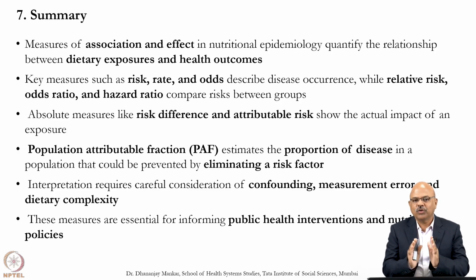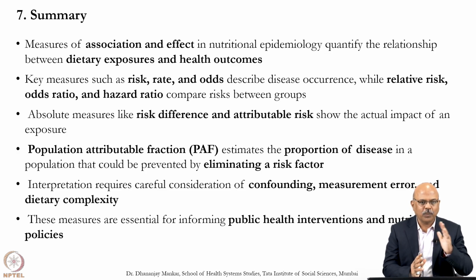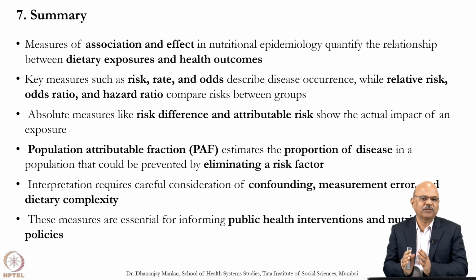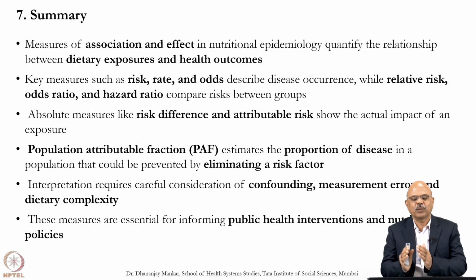effects in nutritional epidemiology quantify the relationship between the dietary exposure and the health outcomes. So it is very important to understand the association, where we have also understood the risk, rates and odds, which describe the disease occurrence, while relative risk, odds ratio and hazard ratio compare the risk between the groups.